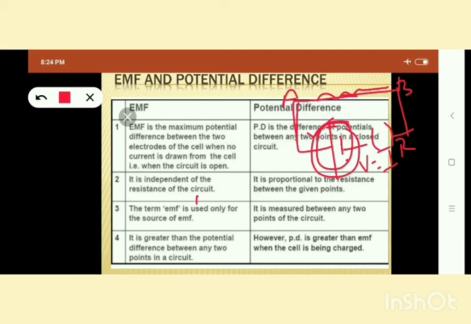So the potential difference will be greater than EMF only when the cell is being charged. In all other cases, the potential difference will be less than that of EMF. So this is the basic difference between EMF and potential difference, and you must know this difference very well.